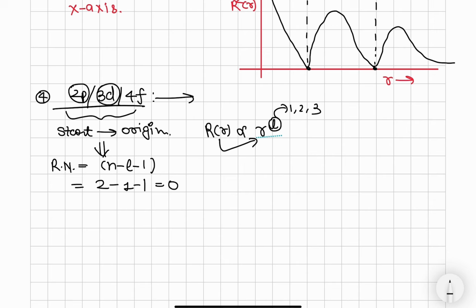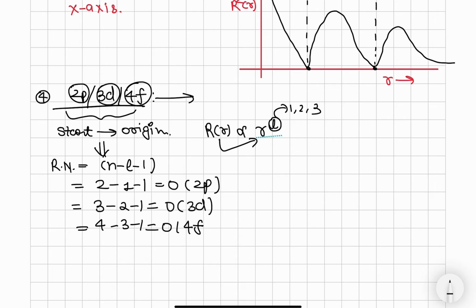For 3d orbital, if you find out radial node, n is 3 minus 2 minus 1, also 0. What is the value of 4f? 4 minus 3 minus 1, also 0. So radial node is 0 for 2p, 0 for 3d, and 0 for 4f. So in all three cases, radial node will be 0.